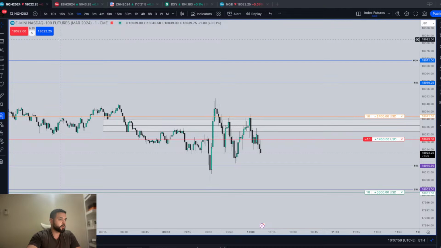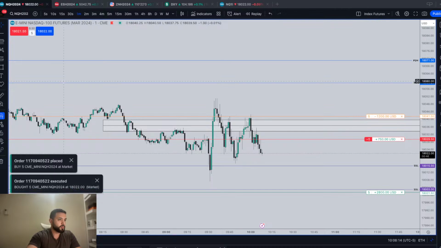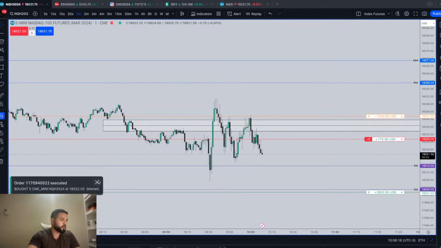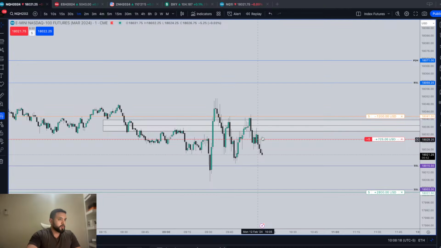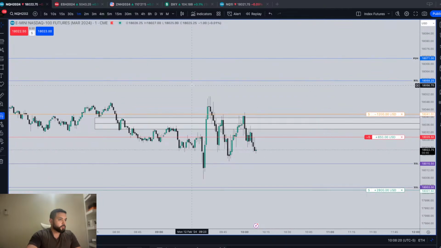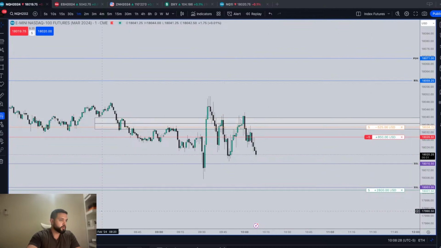I'm gonna reduce the risk by half just to make some of that initial loss back. Okay, close half here. So I just made half of that loss back. I'm gonna move my stop to this level here, reduce my risk.